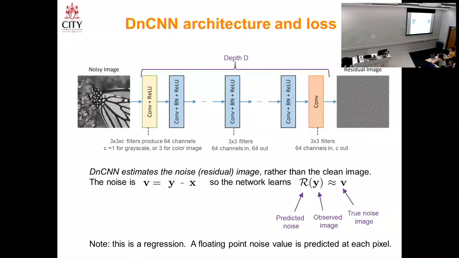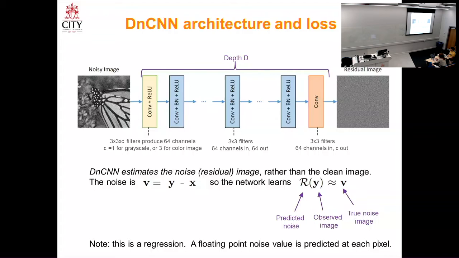So that's one thing that DnCNN does that's quite interesting. It's actually estimating the noise rather than the clean image, because a different way to make this network would be to estimate the clean image instead. But instead they estimate the noise, so we can model the noise using this equation. Y is my observed image and X is my clean image, so B is the noise.